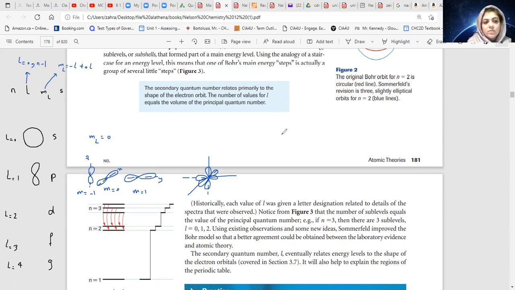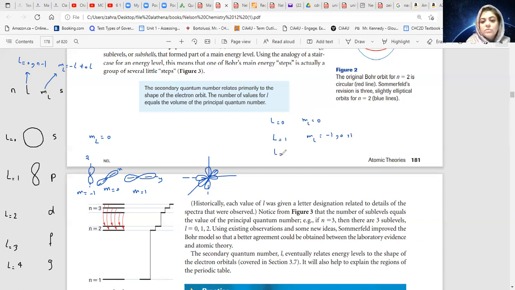I'm going to give an example. Say l is equal to 0, then m_l is from -0 to 0, which is just 0. If l is 1, m_l is from -1 to 1: -1, 0, and 1.